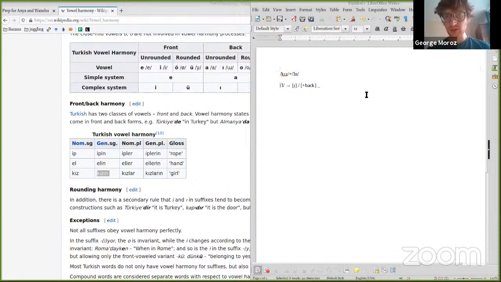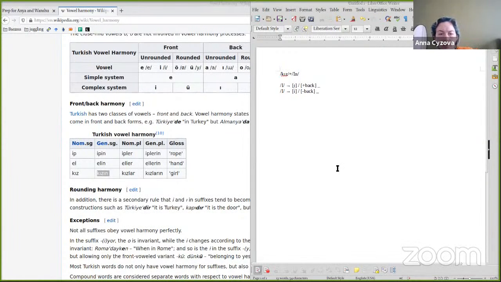And this becomes this in minus back. And this is the phonetic realization, and so on. So this is one phoneme, an abstract phoneme that doesn't have any actual representation. It has two representations when we spell it out.